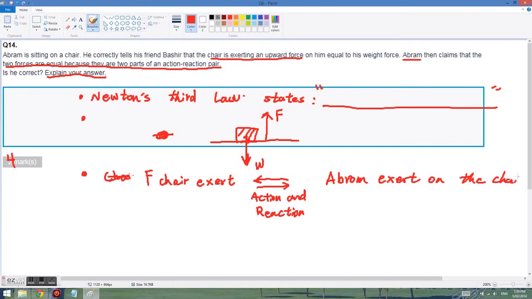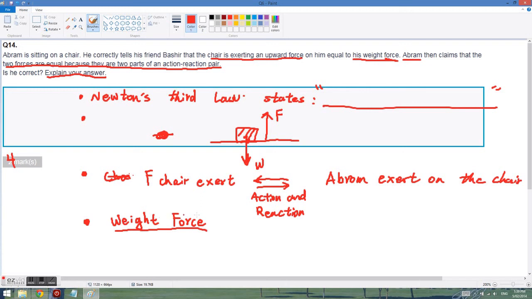Also, his weight force is an action and reaction pair with the force, because weight force is the force planet Earth exerts on Abraham.